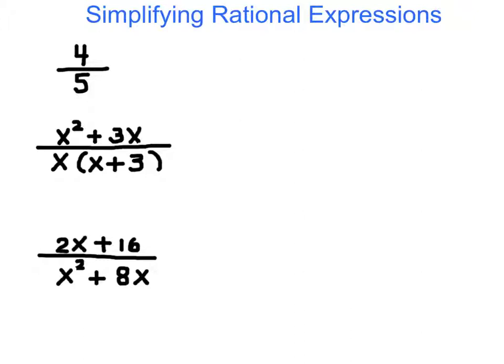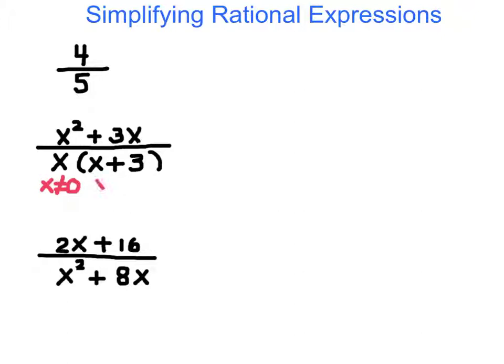That means that x can never equal 0 because if x is equal to 0, this x right here will become 0. This will become 0 plus 3, so this will be 0 times 3, which makes the denominator 0.